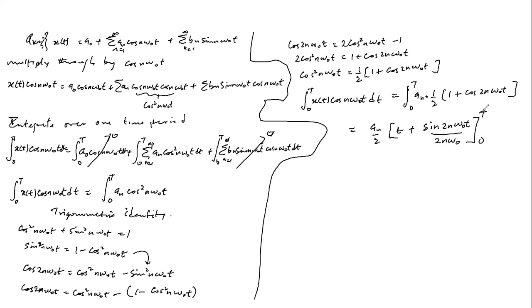And once again, this reduces to 0 over one fundamental time period, such that we now have a_n over 2 into bracket t from 0 to T. Which will give us t minus 0, that is t, that is a_n t, T naught, sorry, it's T naught, right?